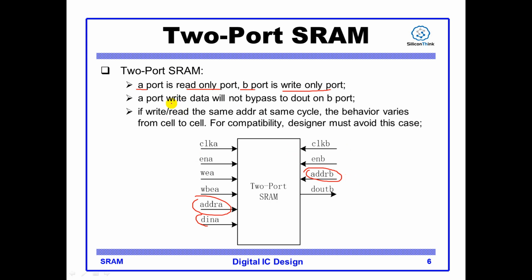And the write data here will not bypass to the read port, will not bypass to D out B. There are two independent ports.